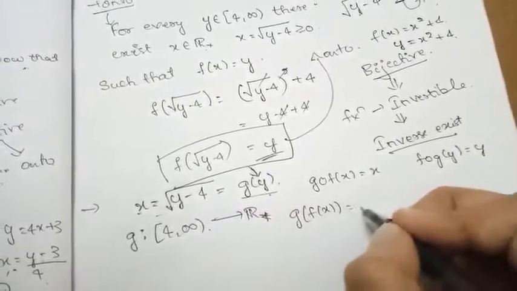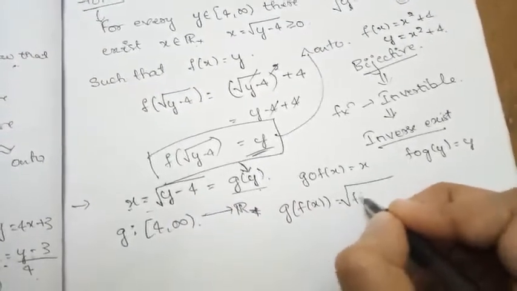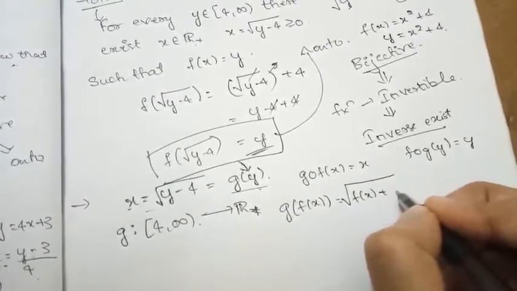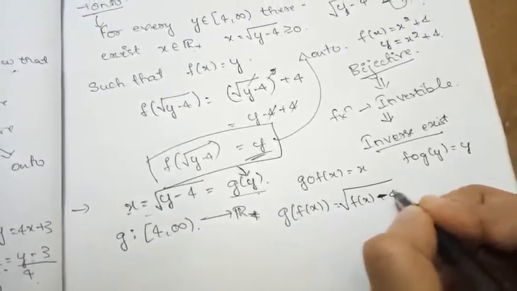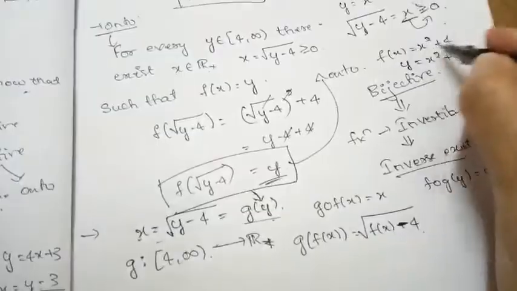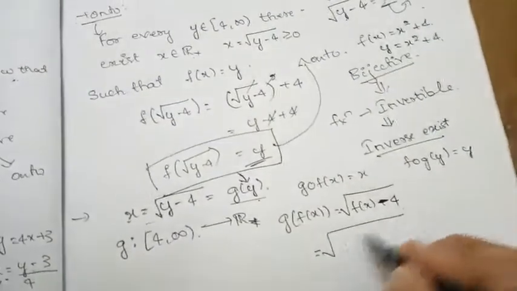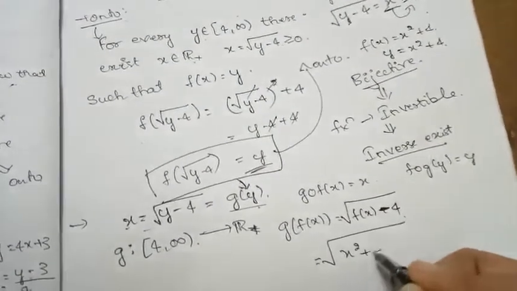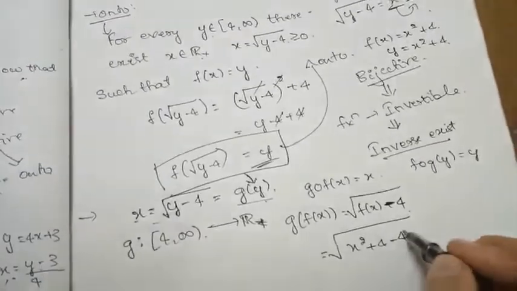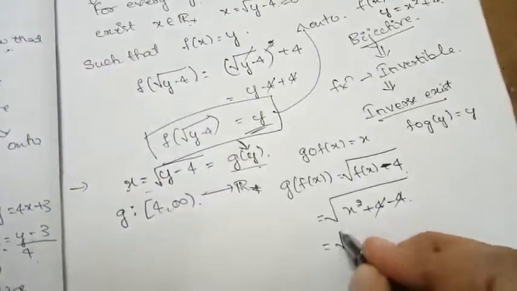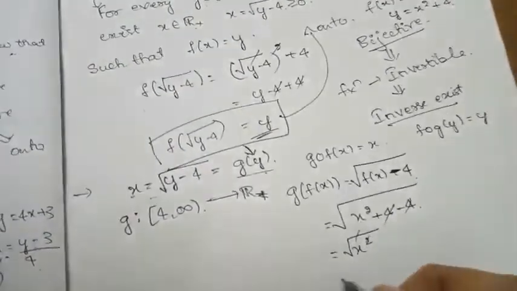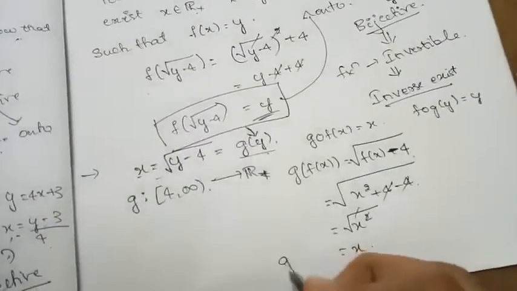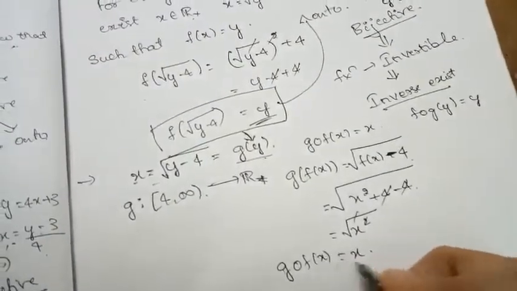G of f of x becomes square root of f of x minus 4. What is f of x? F of x is nothing but x square plus 4, minus 4. So plus 4 minus 4 get cancelled. Square root of x square, root and square get cancelled. So gof of x is equal to x.